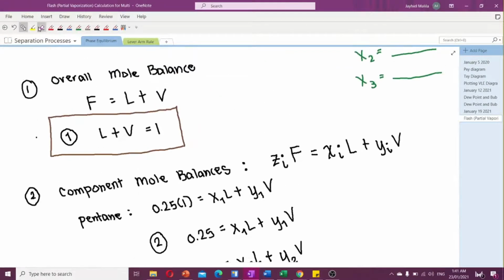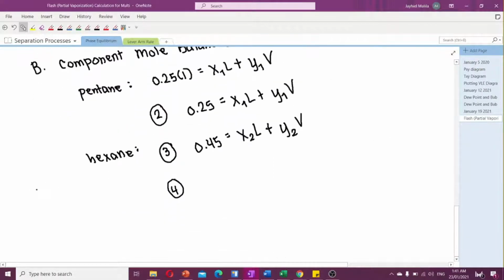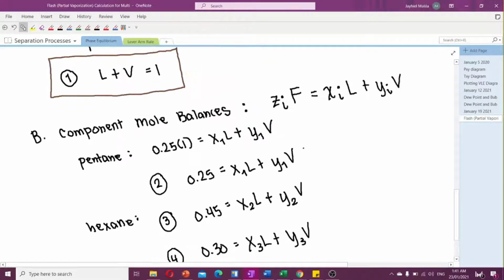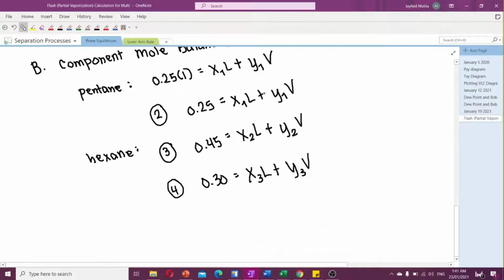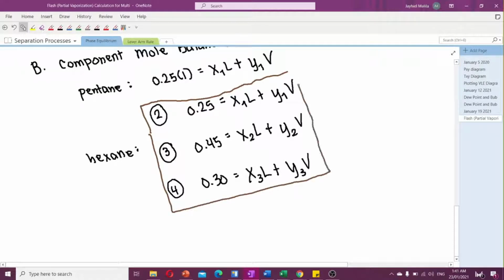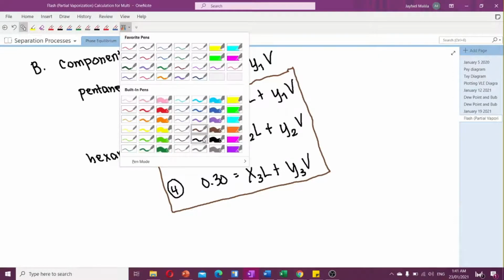I think I would change the assignment and just write letter A, letter B, to indicate the sections. And then last but not least, 0.30 equals x3L plus y3V. I hope everybody watching this video was able to trace how the three component mole balances were established.